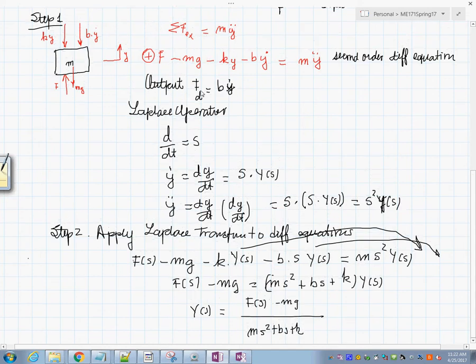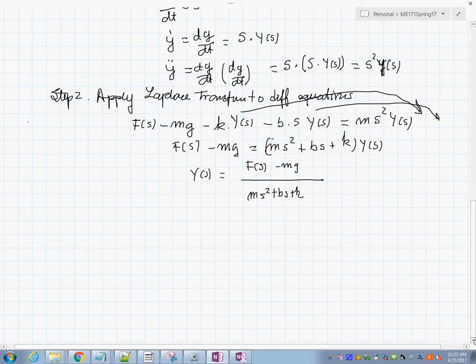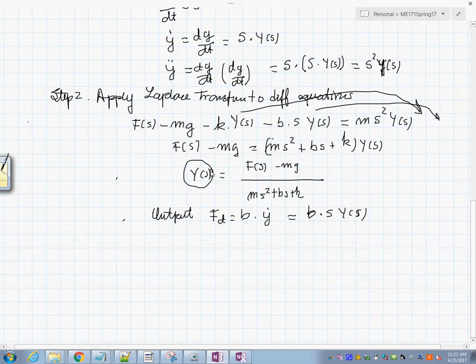Remember, the output right here is the output Fd. So the output in here was the damping, which was b times y dot. So this is the same thing as b times s times Y of s. See? So from the first equation, we have this, and now this is over here.